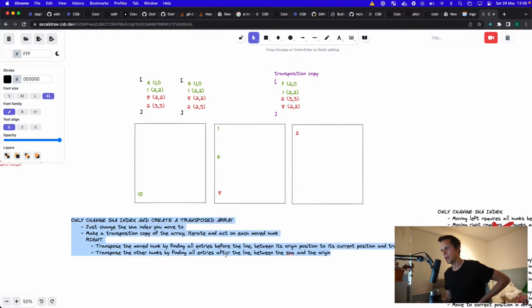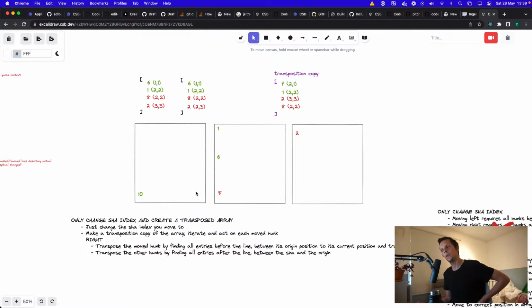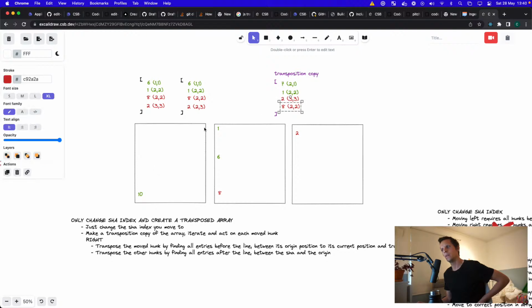other ranks by finding all after the line between the SHA and the origin. Between the SHA and the origin. After. Because we have added 2 of the same lines here, so 8 is exactly the same. So maybe this one only applies when you move twice.